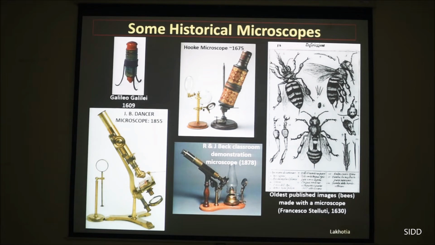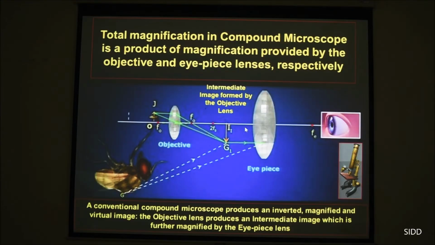Whereas in Italy, which was another place where microscopes were manufactured, they would go by a more conventional design, having a very expensive body made up of various designs and so on. And then already we see by 1630 people had looked at various insects to magnify them, look at various objects. And of course, the cell was discovered because of microscopy.